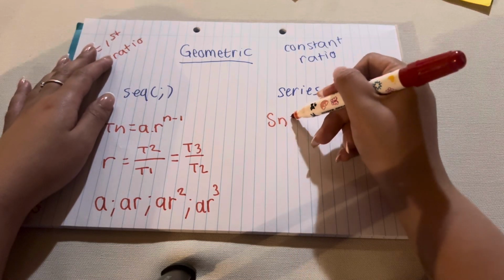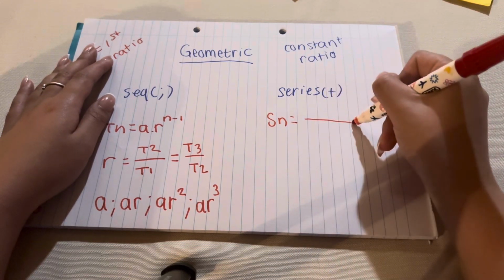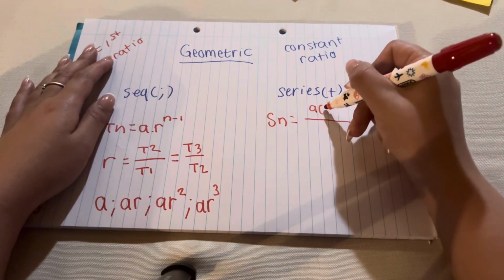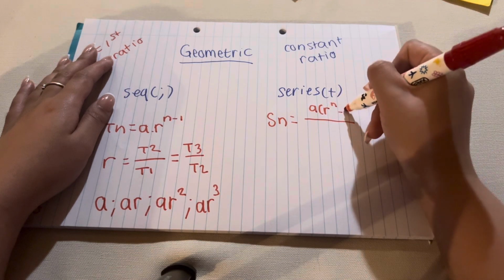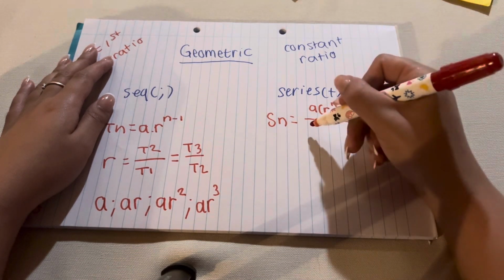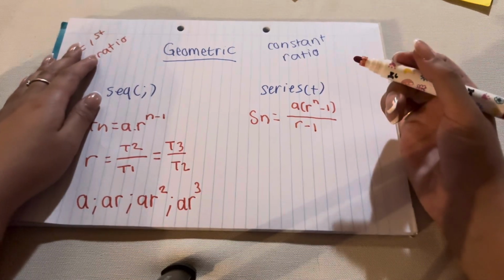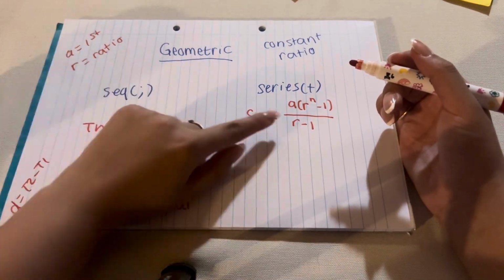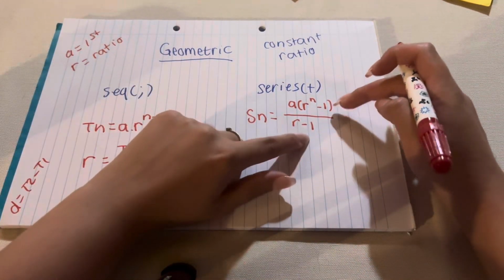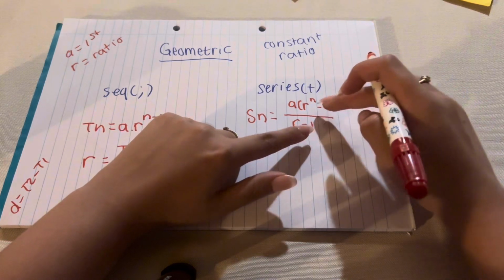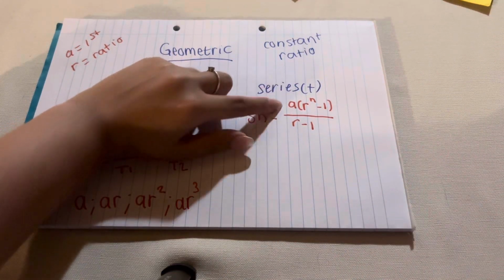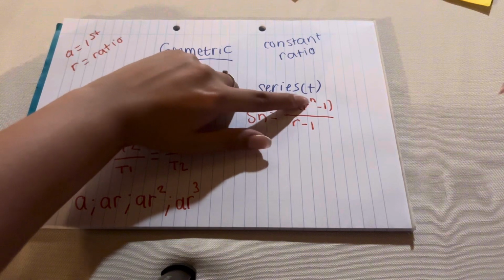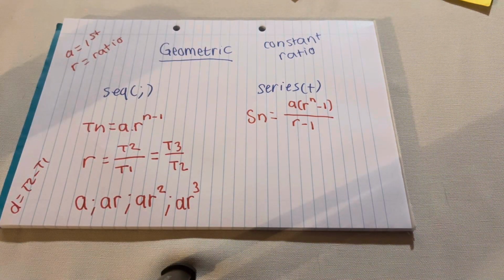It's Sn is equal to, in our numerator, A times R to the n minus 1, and all of that divided by R minus 1. So A first term, R ratio. Notice the similarity in our numerator and denominator. They simply differ, obviously, by that multiplicative A first term, as well as that exponent n.